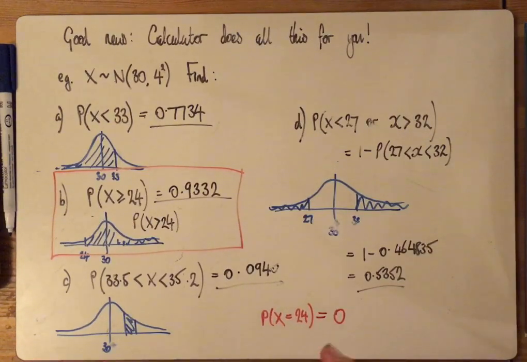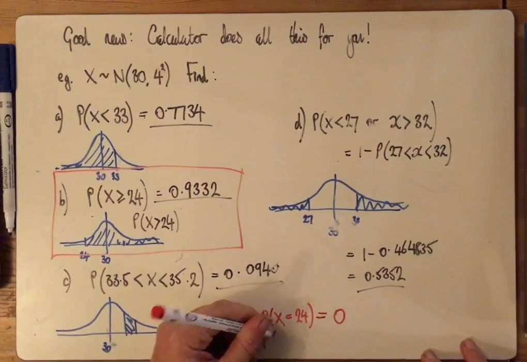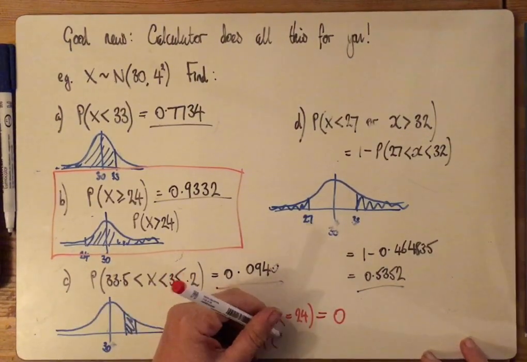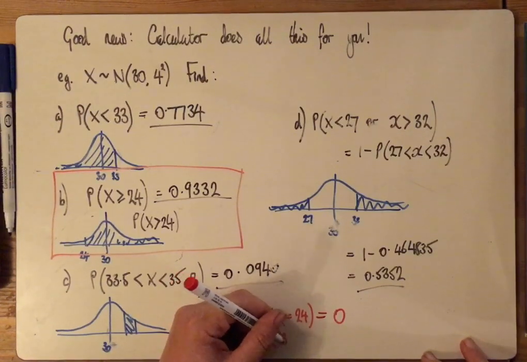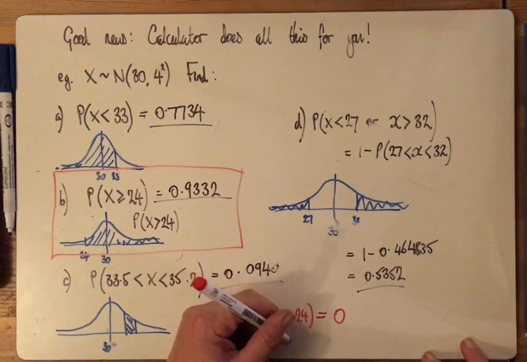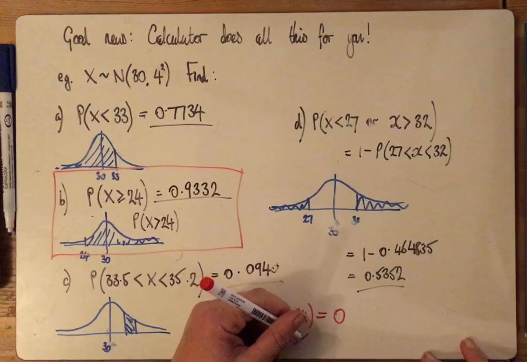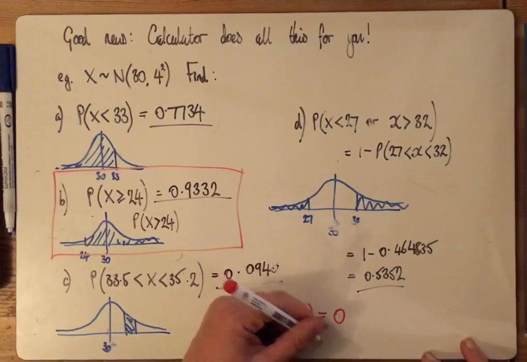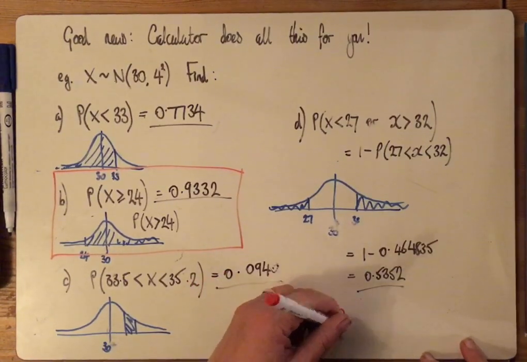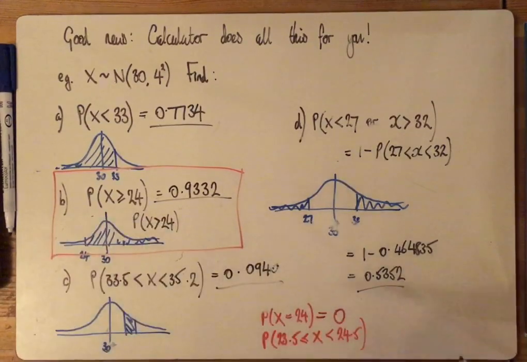There is a PD button on your calculator. What that tells you actually is the probability that 23.5 is less than or equal to X is less than 24.5. So it's saying if you rounded X to an integer, what's the probability is 24.